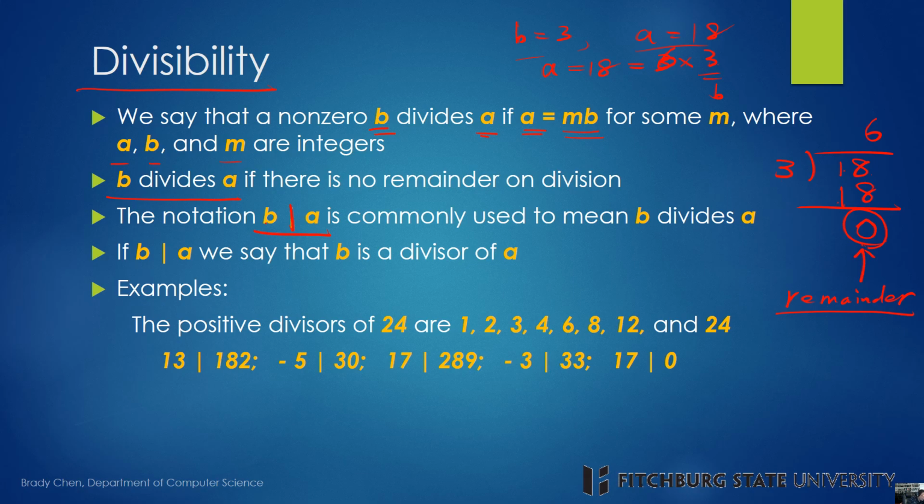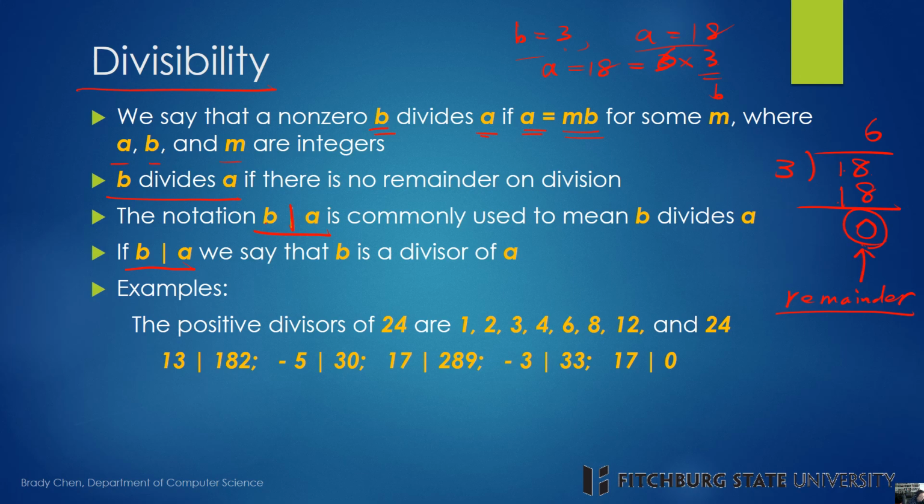Now, in case B divides A, we basically say B is a divisor of A. So in this case, B is 3, A is 18, so 3 divides 18. Then 3 is a divisor. Now we can easily find many examples.